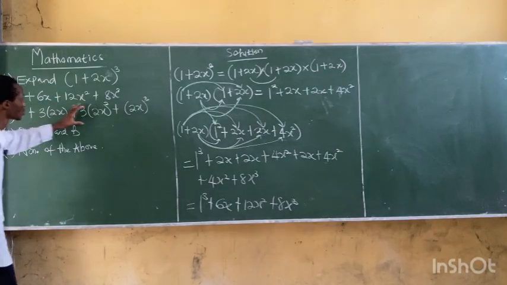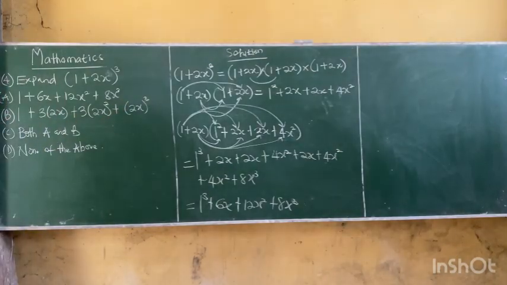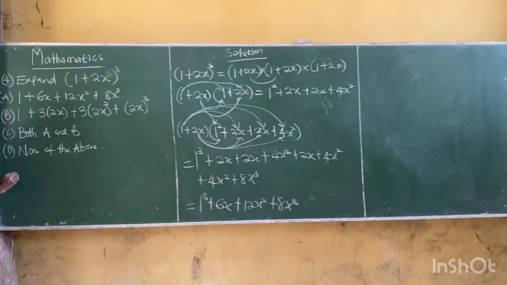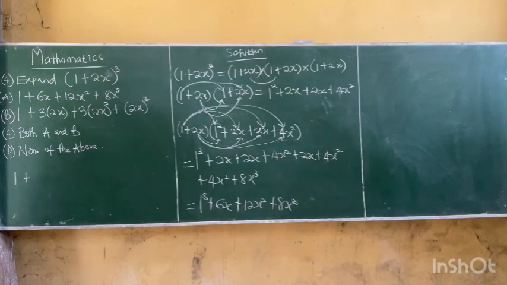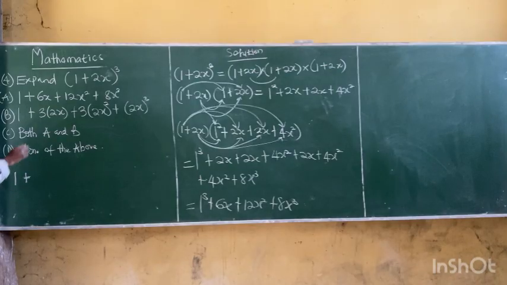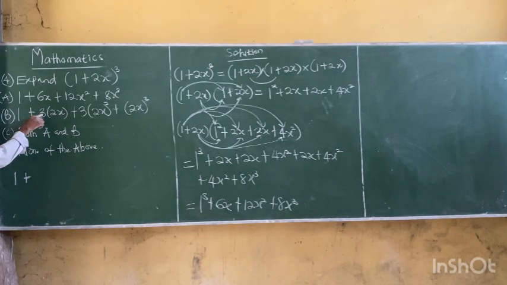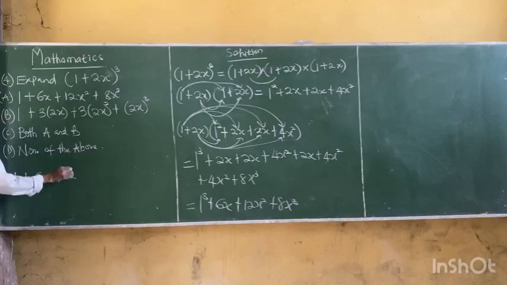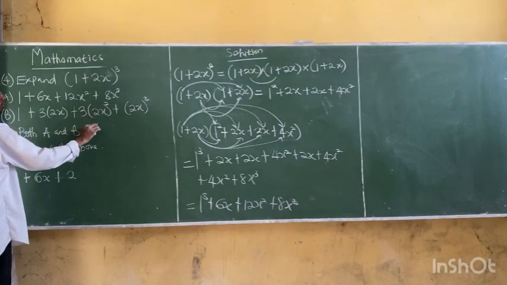Let's try this to check if we'll get the same thing. We have 1 plus, this is 3 times 2x. 3 times 2x gives us 6x plus, here we have 2 times this, we have 4 already.